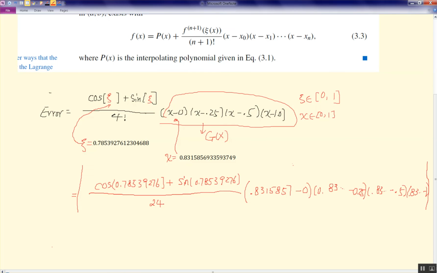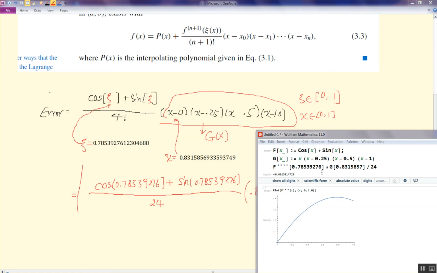And after the algebra, I use my Mathematica again. If you can recall, this piece is the fourth derivative at the first critical point, and this is what I call my g.